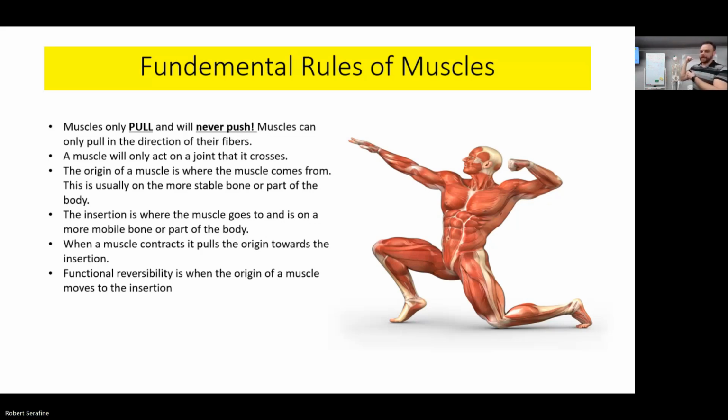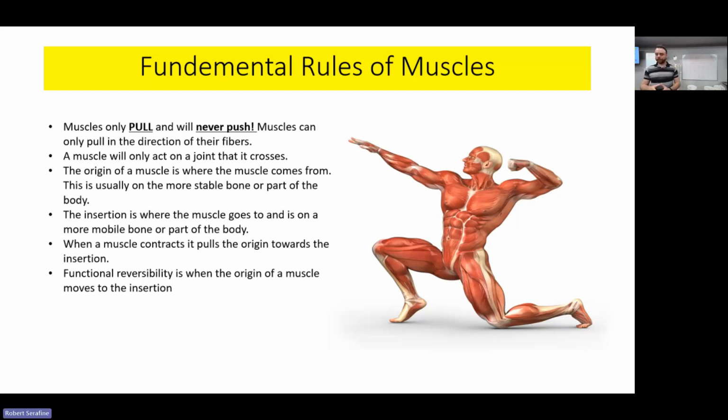Now you're thinking, how does extension occur if the biceps isn't pushing it away? Well, muscles always exist in a push-pull relationship. One muscle pulls in one direction, and then another muscle pulls in the opposite direction to counteract that. So biceps and triceps exist in that counterbalanced relationship. So muscles only pull, remember that.